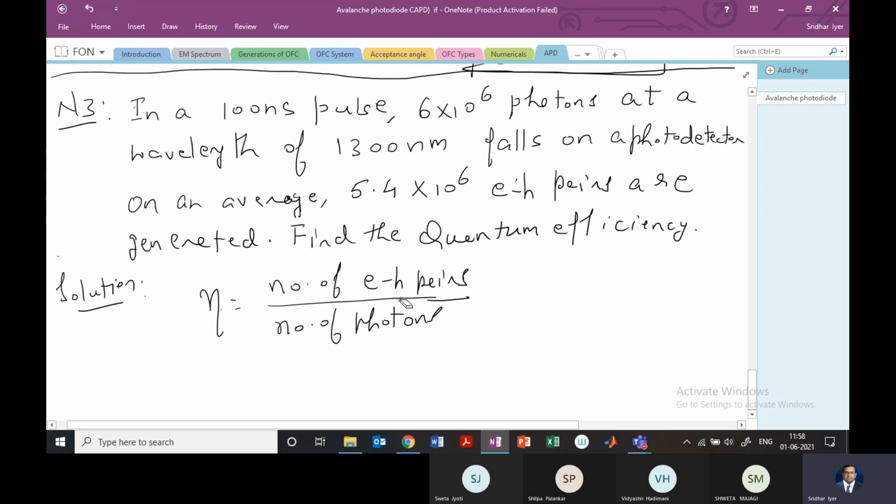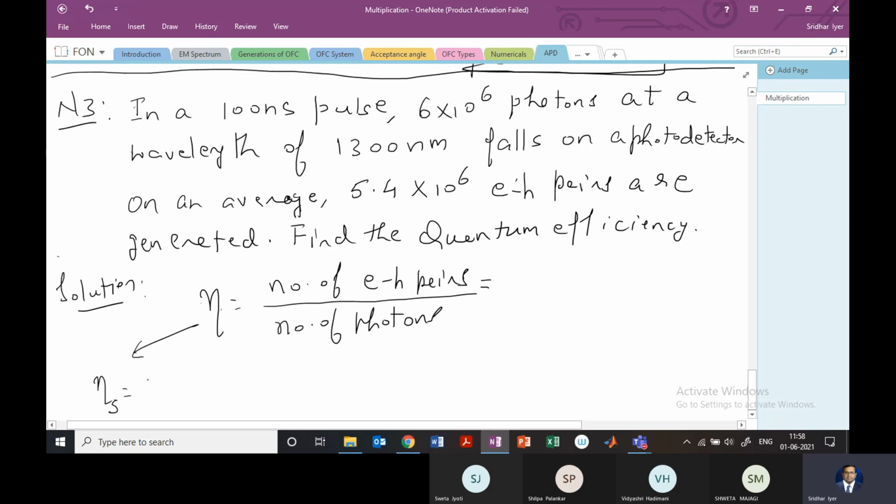If this ratio becomes 1, that is 100%, then I'm talking about an ideal system, but that is obviously not going to happen. This is at the detector part. If I use the same logic at the source part, it is just going to be the inverse.